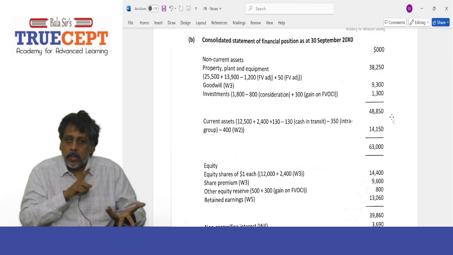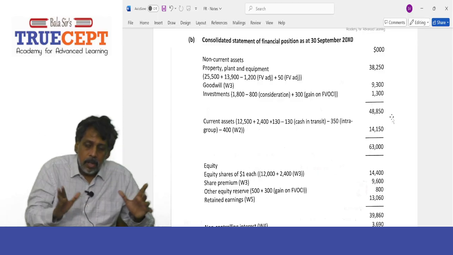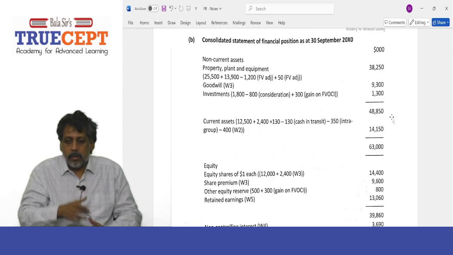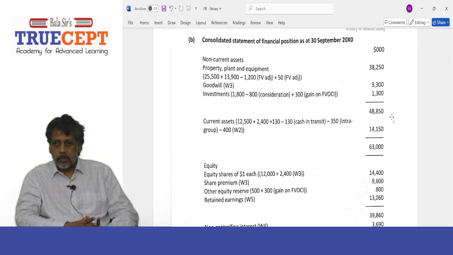My current asset 12,500, plus what about your current asset? 400. Then plus 130, minus 130 cash in transit, minus 350 intra-group adjustment, then minus 400 working note 2.